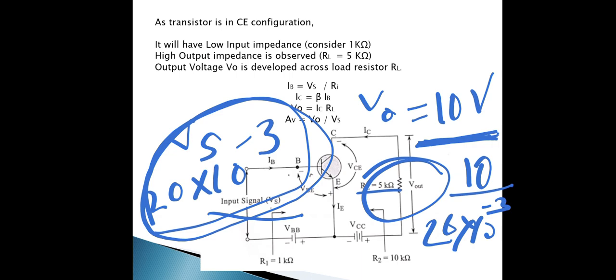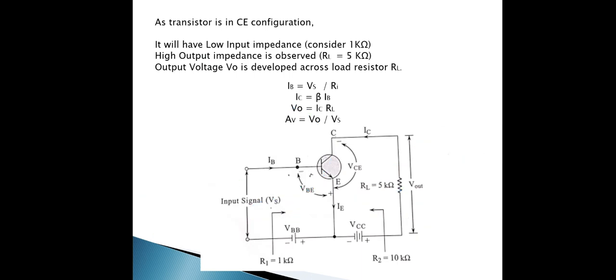That is, the voltage amplification factor is 500. That is, the input you have given is amplified 500 times at the output side. So from this example, you can conclude that a transistor can act as an amplifier.